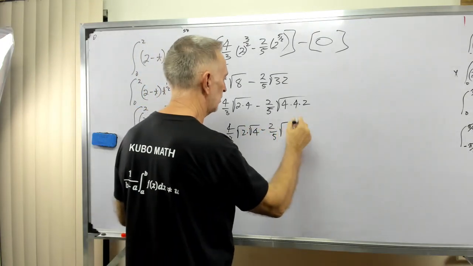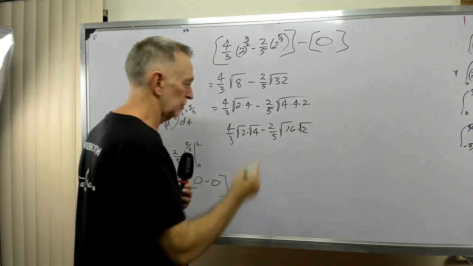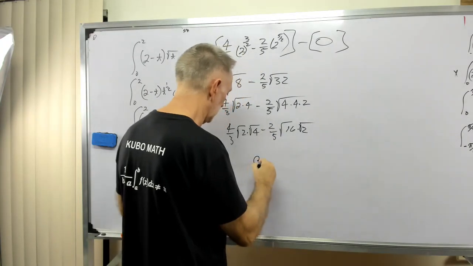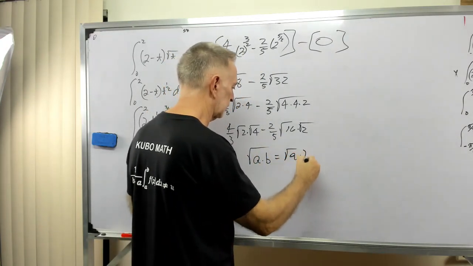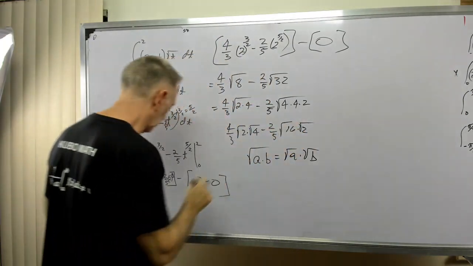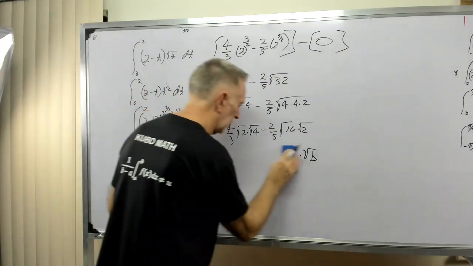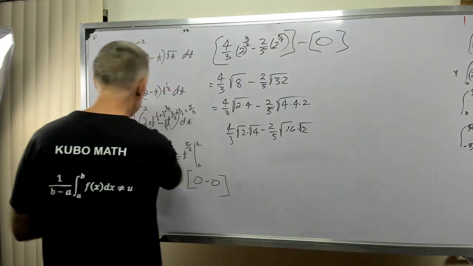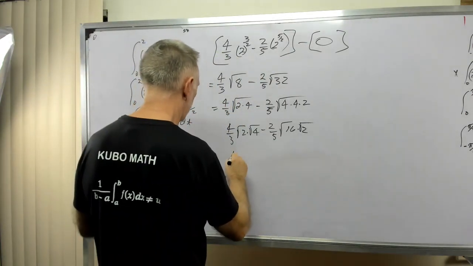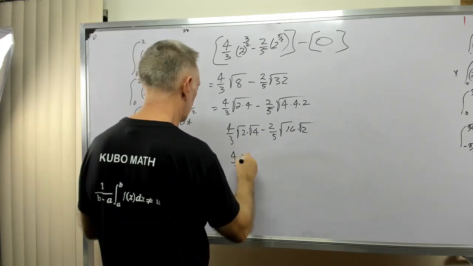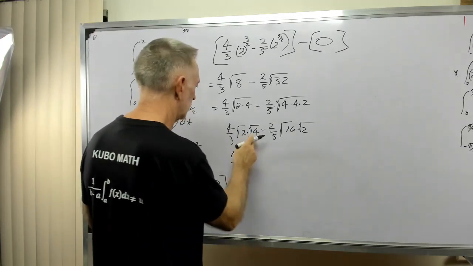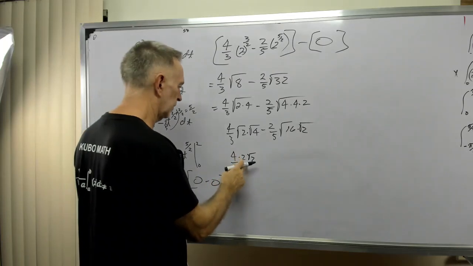This would be square root of 16 times square root of 2, because you recall the rule: the square root of a times b equals the square root of a times the square root of b. So that's why we can do that. What do I have? 4/3, square root of 4 is 2, so 2 square root of 2.